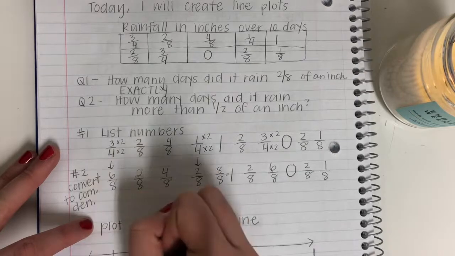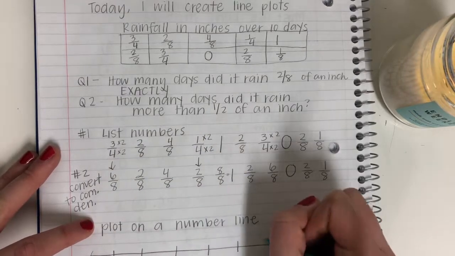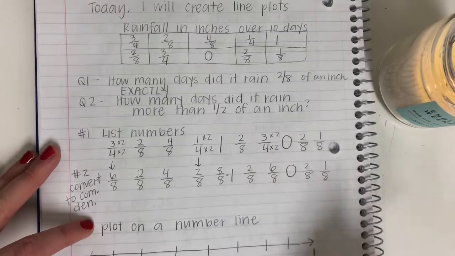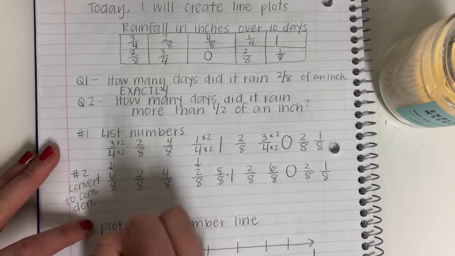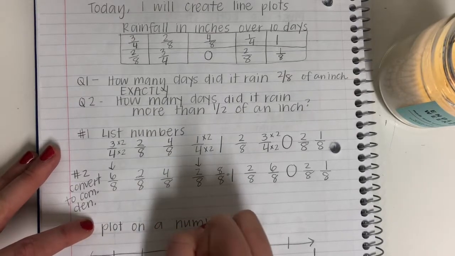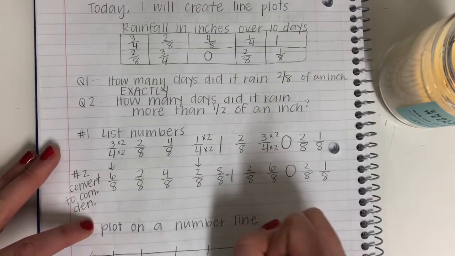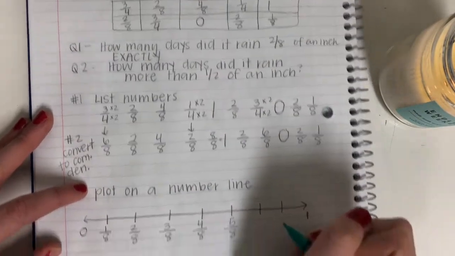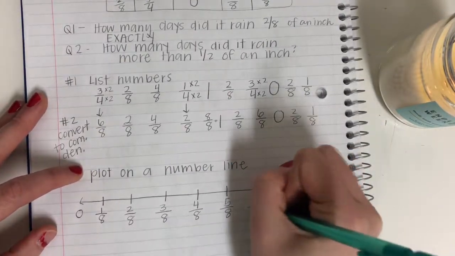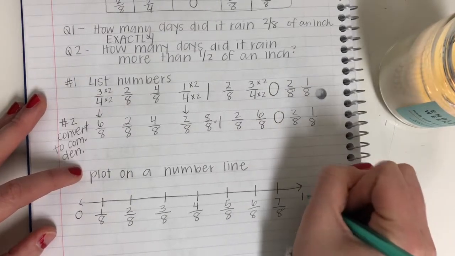So I'm going to have 1/8, 2/8, 3/8, 4/8, 5, 6, 7, and then my 8 out of 8 is 1, right? That's the same thing.